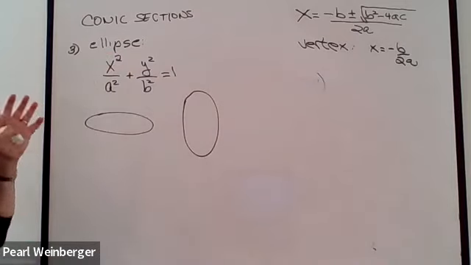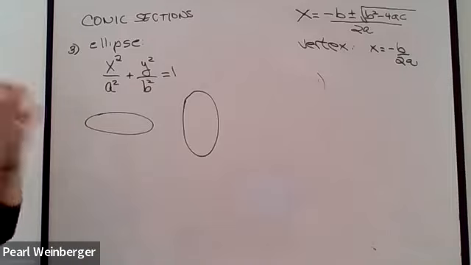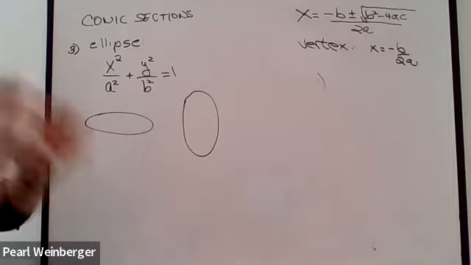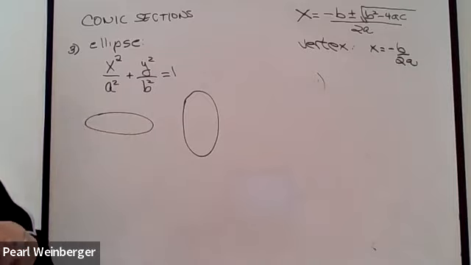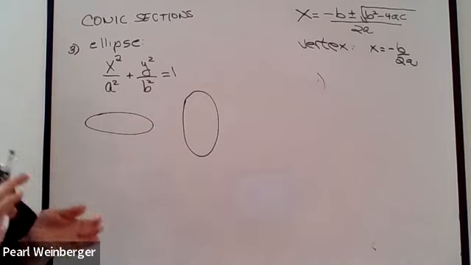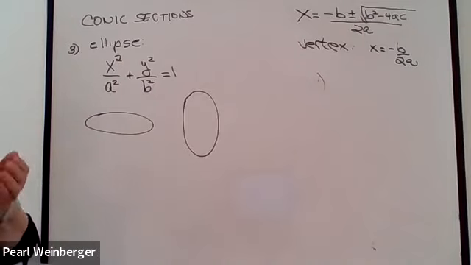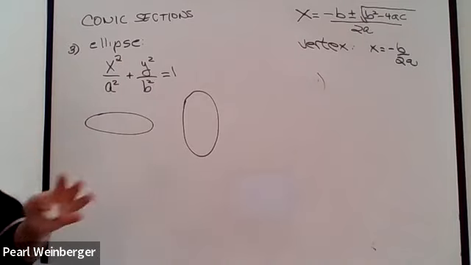Except if you remember, in the equation of the circle, you just had x squared and y squared. You didn't have anything in front of it. You didn't have it divided by anything. The coefficients of the x squared and the y squared were always the exact same numbers. The way we write it, we always put it as a 1.